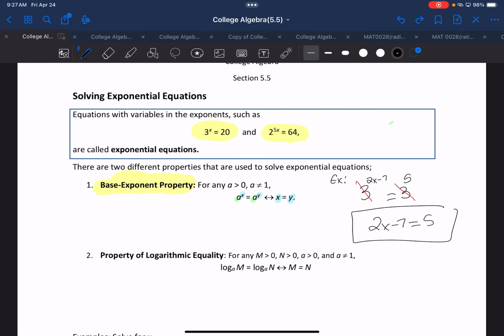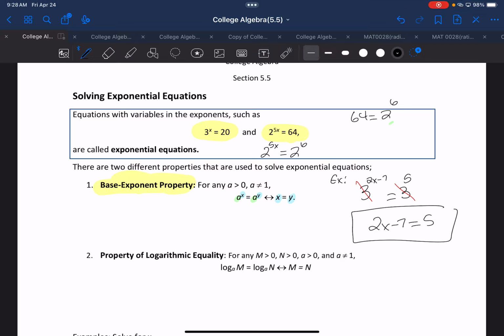But for example, this example up here, 2 to the 5x power is equal to 64. I can write 64 as a power of 2. 64 is equal to 2 to the 6th power. So I can rewrite that as 2 to the 5x is equal to 2 to the 6th power.